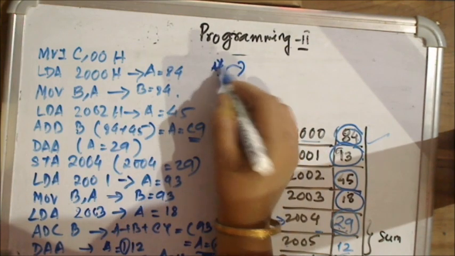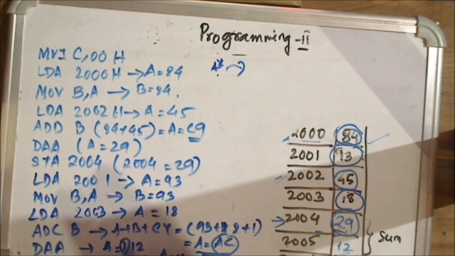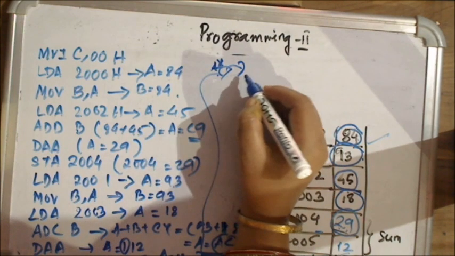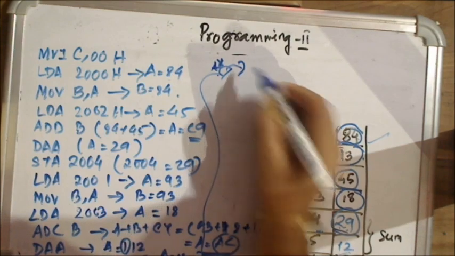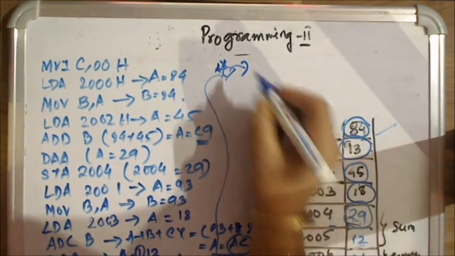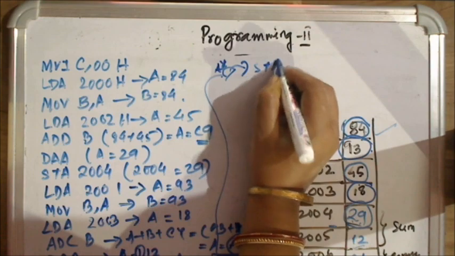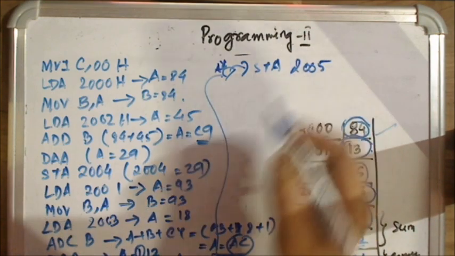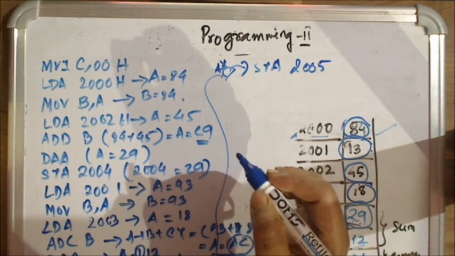After DAA we will go here. So we will store this sum in memory location 2005. Right, we will store this sum in memory location 2005.